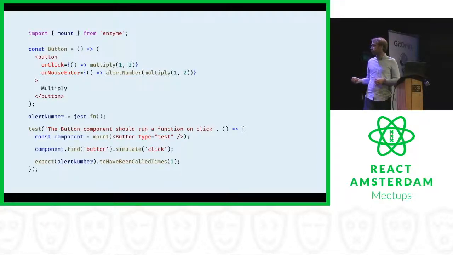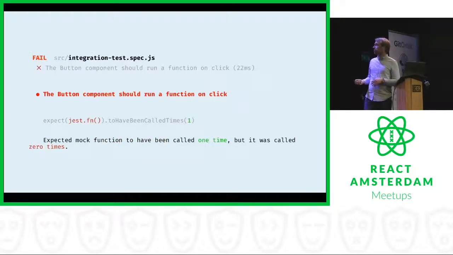And when we click it, in the test we use Enzyme to simulate a click. We want the alert number function, which we have mocked here with the jest helper, that just tracks how many times there has been interaction with the function, to assert that it has been called once. And when we run it, we'll see that it has failed because it was called 0 times.